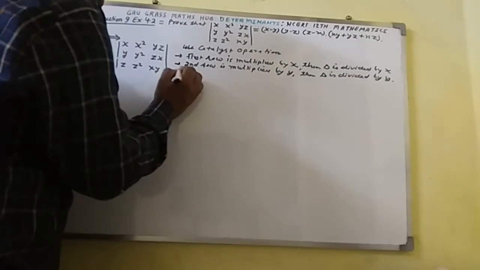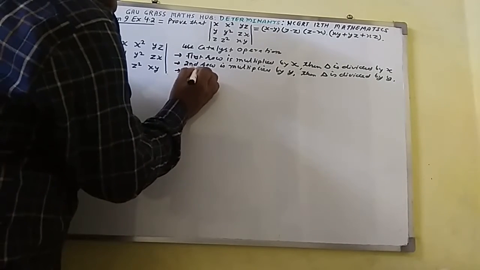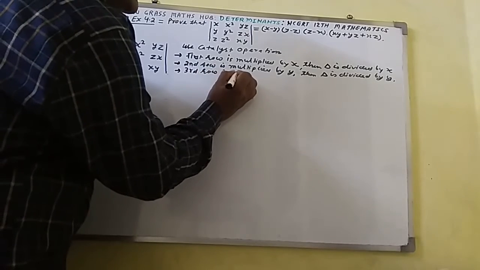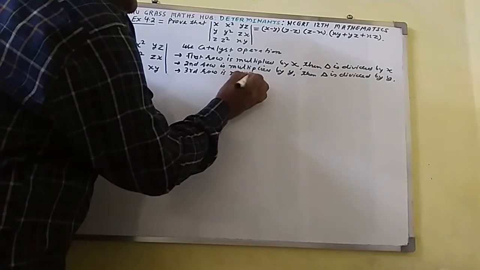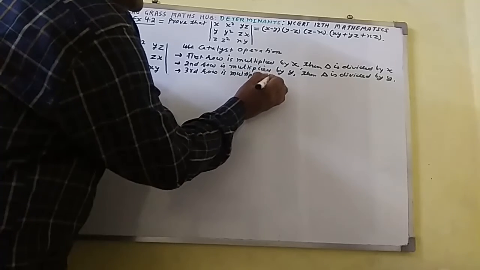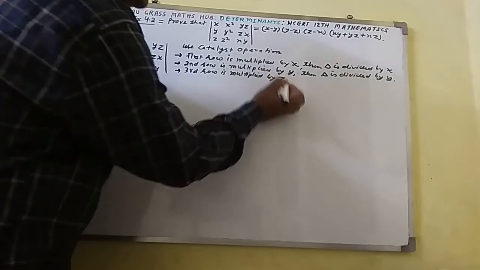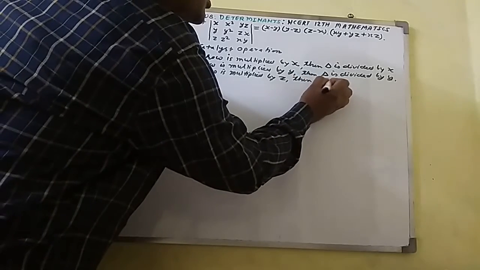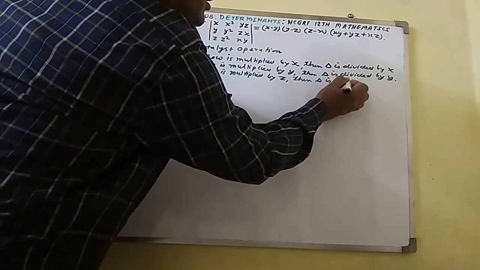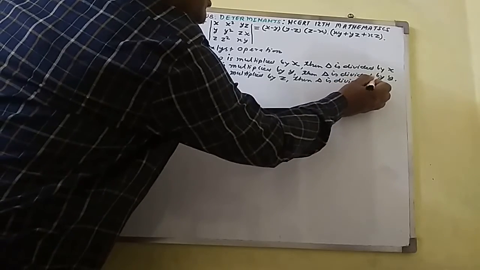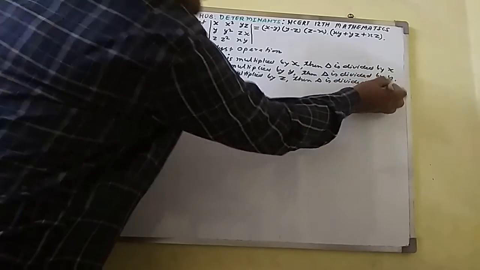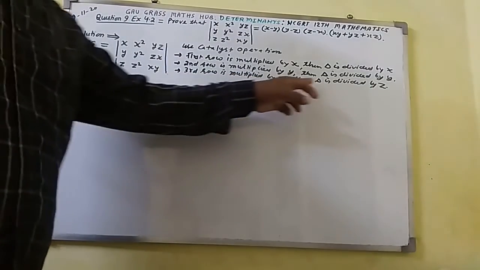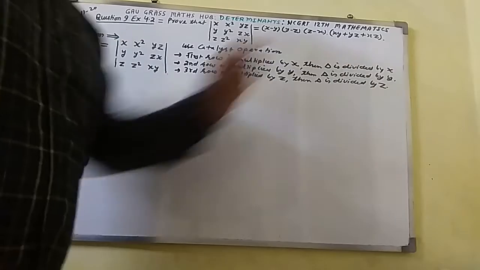And the third row is multiplied by z, then the determinant is divided by z.